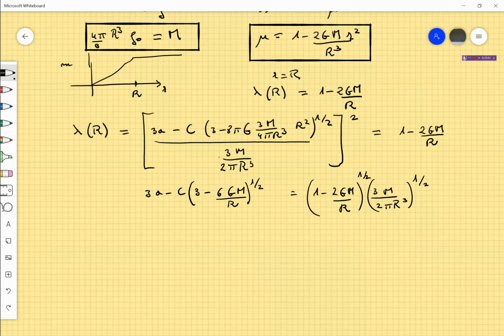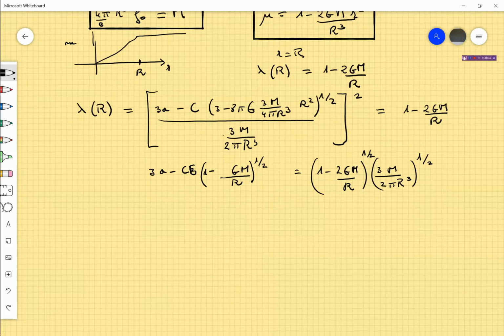I can take a square root of 3 outside. And see that I have exactly the same expression here and here.